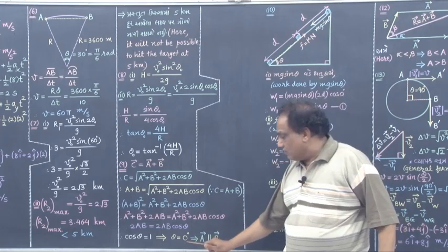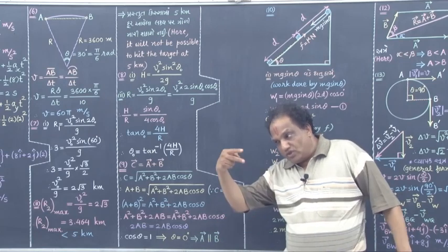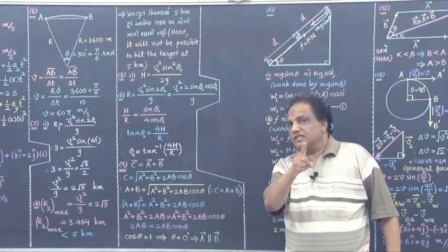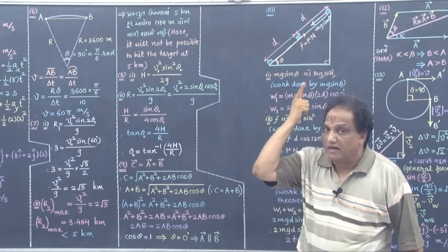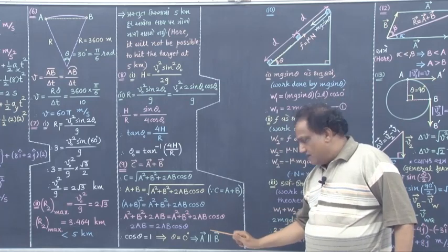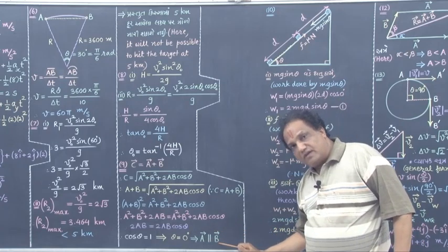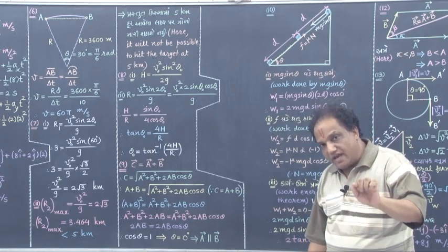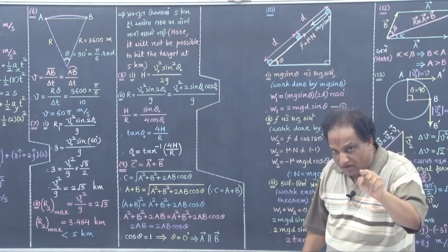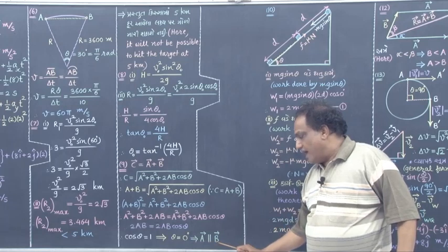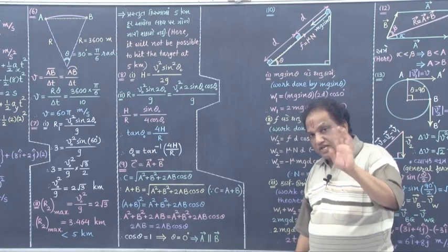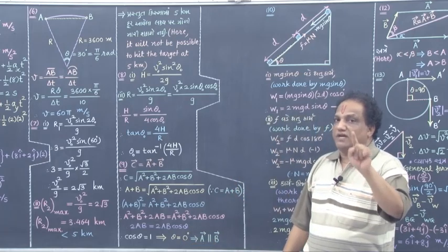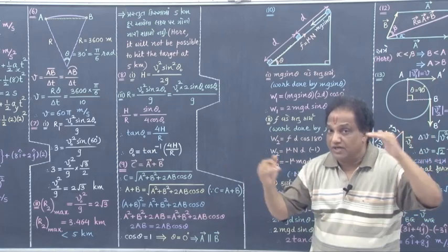If that angle comes out to be 0 degree, it means both the vectors are pointing in the same direction, and if they are pointing in the same direction, they are said to be parallel. Mutually they are parallel, correct? That's why I am writing mathematically vector A is parallel to vector B. You had to find out in the statement how vector A is aligned with respect to vector B. Right now we have found that vector A is parallel to vector B. By chance, if you get theta equals 180 degrees, then you have to write that vector A and vector B are in opposite directions.